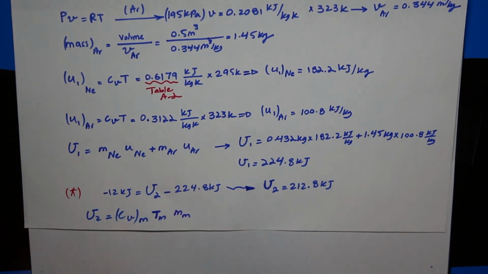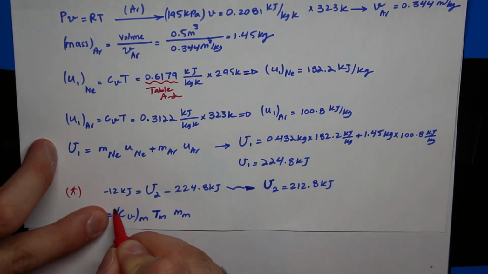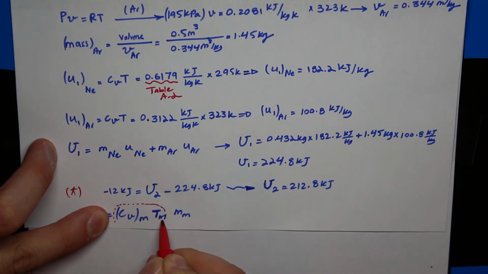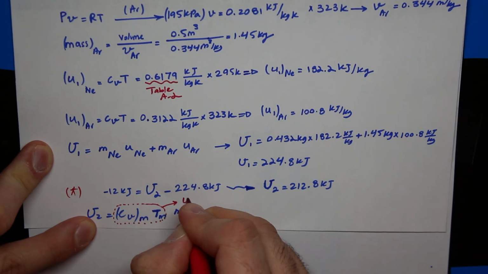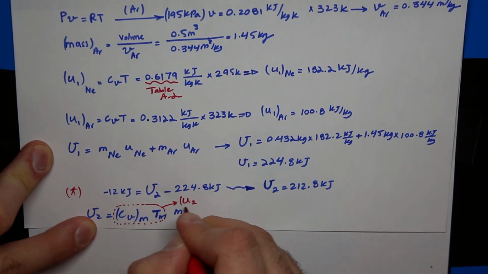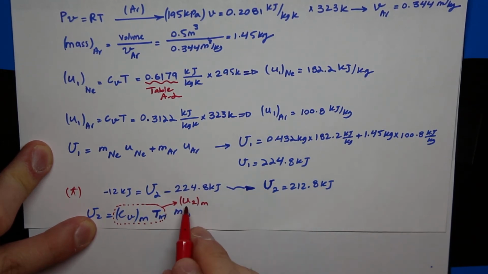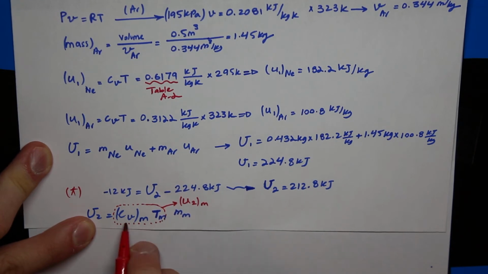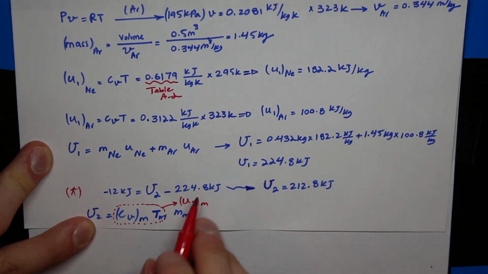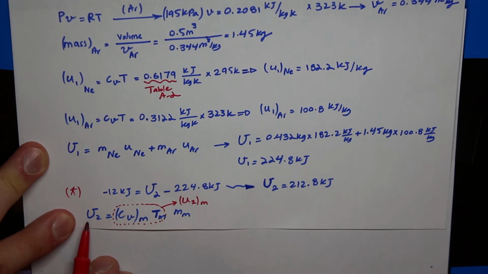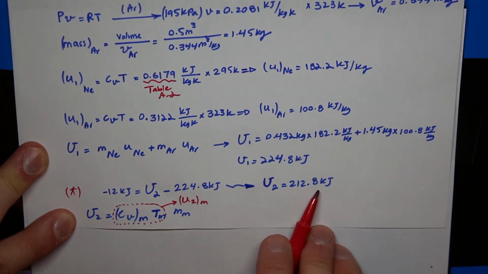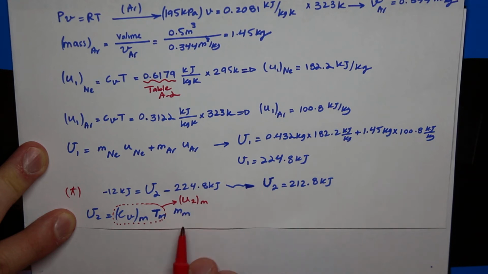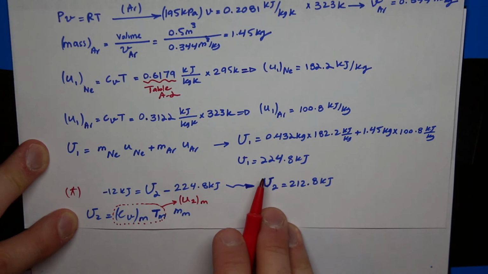The reason is the product of these two gives me u2 of the mixture, but this u is lowercase. That means the unit here is going to be kilojoule per kilogram. If I want to find uppercase U2, whose unit is kilojoule, similar to here, then I need to multiply that by the mass of the mixture. So this mm is the mass of the mixture.